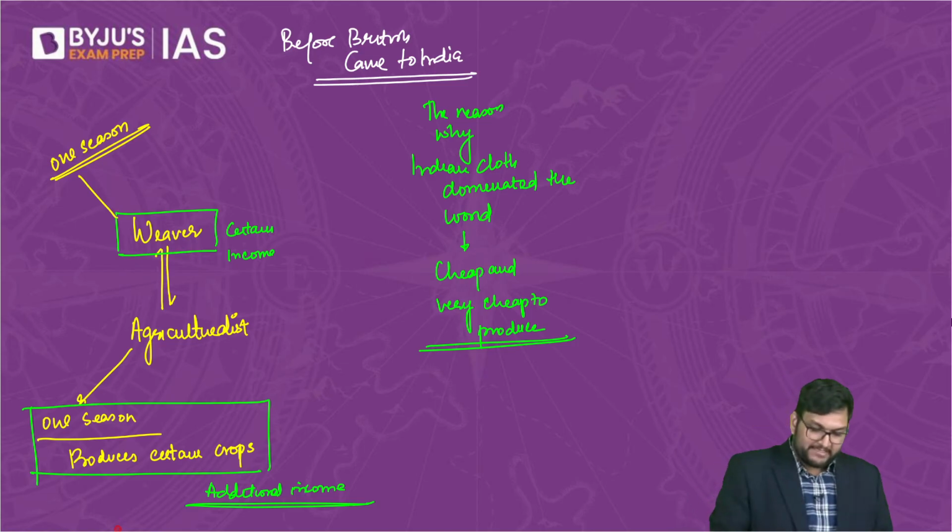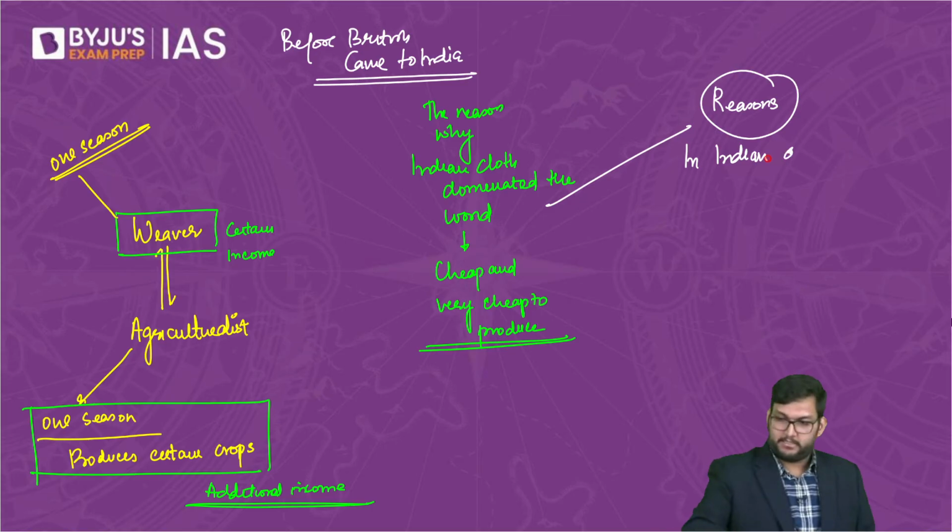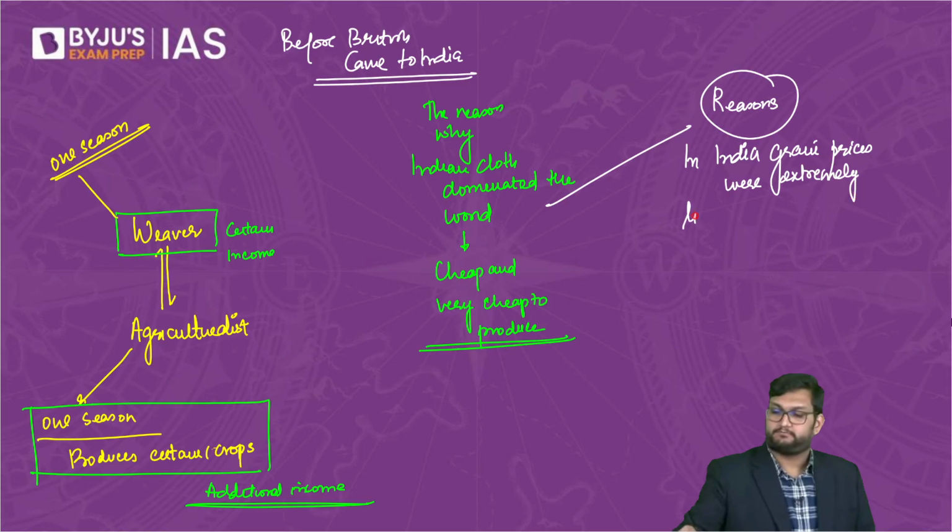But the reason for this is, in India, grain prices were extremely low as compared to the rest of the world.